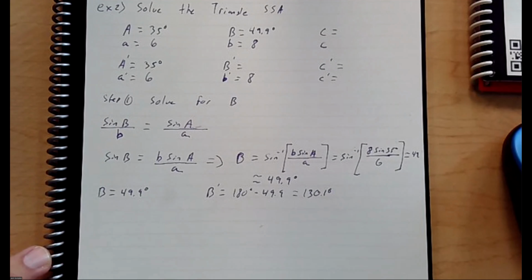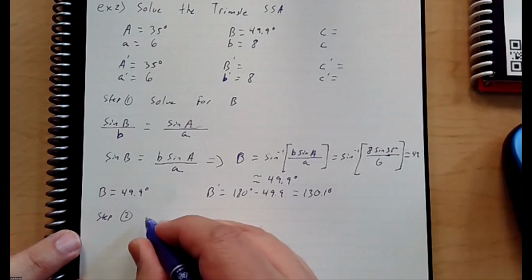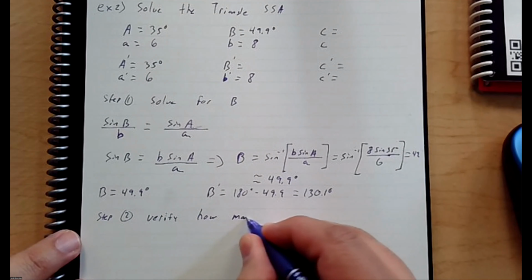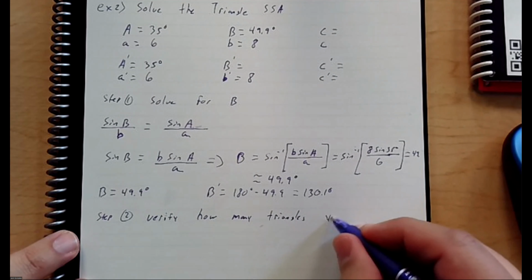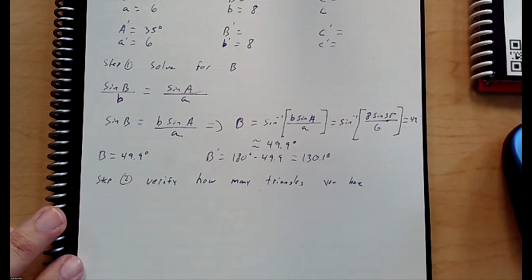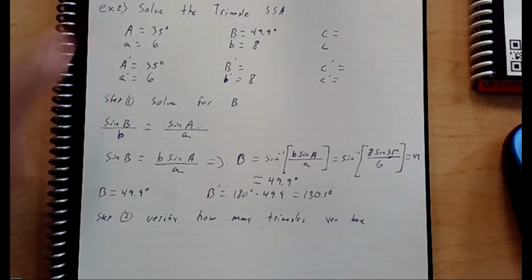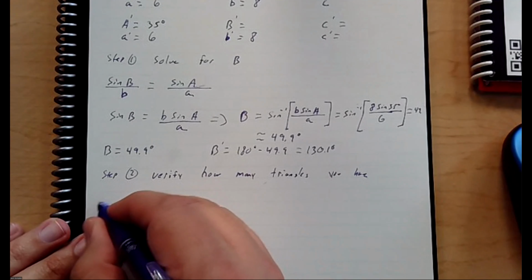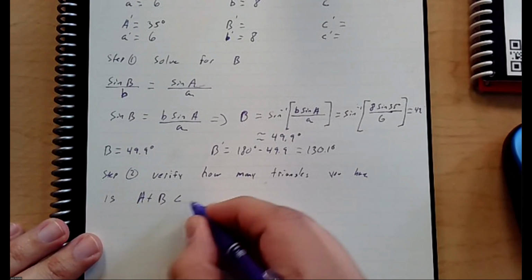All right. So now we have to check. Verify how many triangles you have. In order to do so, just take the two B's and add them to the one that you're given, given A, right? So is A plus B less than 180?